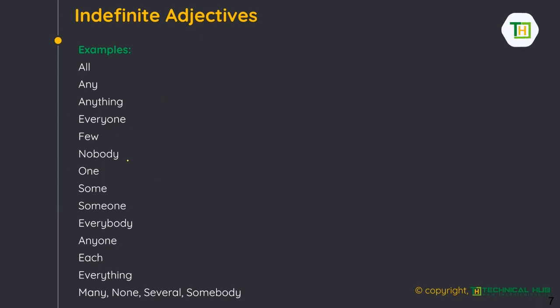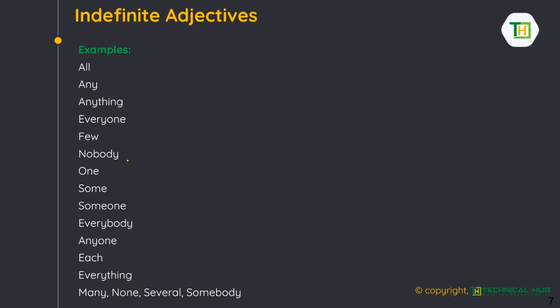Everyone should attend the party, or few students come and meet me in the lab. Then I can say nobody. You don't know whom you are talking about, but simply a general statement you give. Such things are called indefinite, not definite. We don't know whom we are talking about. Nobody, one, some, someone, everybody, anyone, each, everything, many, none, several, somebody, all these we use.